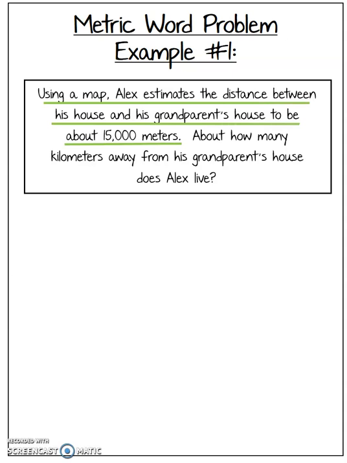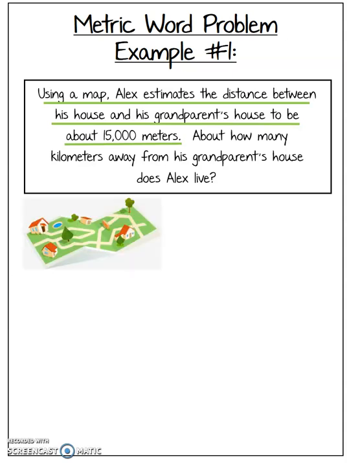It says, using a map, Alex estimates the distance between his house and his grandparents' house to be about 15,000 meters. So I'm picturing a map with the two houses on it, and I know that that's 15,000 meters of distance. The question sentence says, about how many kilometers away from his grandparents' house does Alex live?